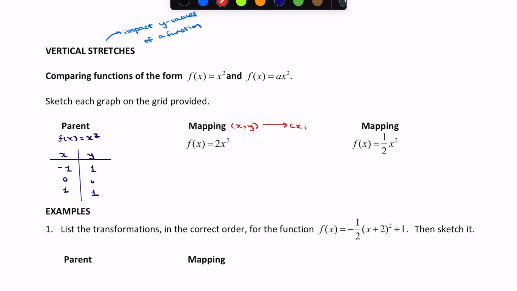The x values still stay the same, but the y values will be multiplied by whatever the a value is. So here in this situation, it's 2. So we look at our table of values. X values stay the same, but our y values are multiplied by 2.